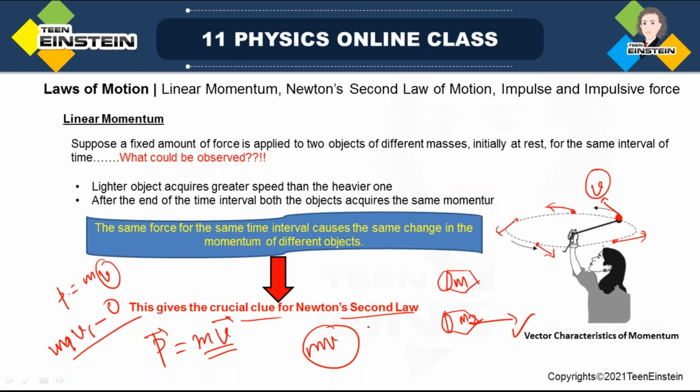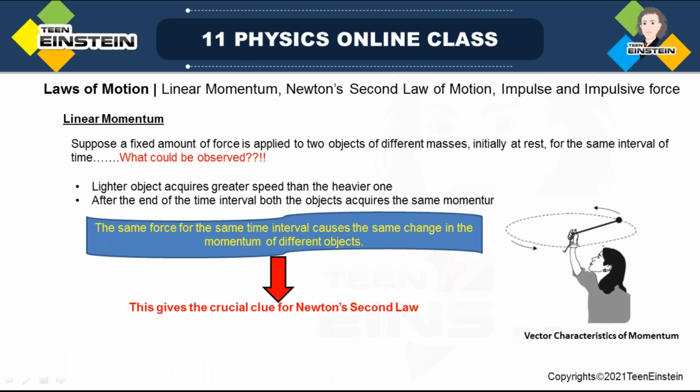It is seen that when you try to stop any moving object, you are applying a certain force, and that force is directly proportional to the change in the linear momentum. If some lorry with huge linear momentum has to come to rest, it has to be given a very large force.